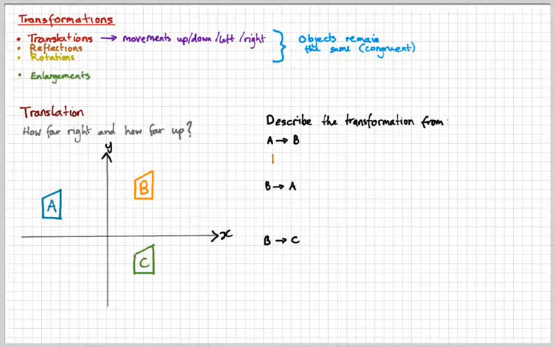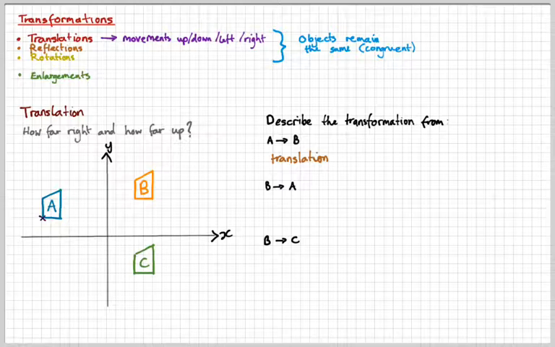So if you remember how to do all this, you can pause the video now and describe the transformation from A to B. Okay, so have a think to yourself, how would you do that? Well, A to B is definitely a translation, so we're going to write that it's a translation. The next thing we want to do is work out how far right and how far up it's gone.